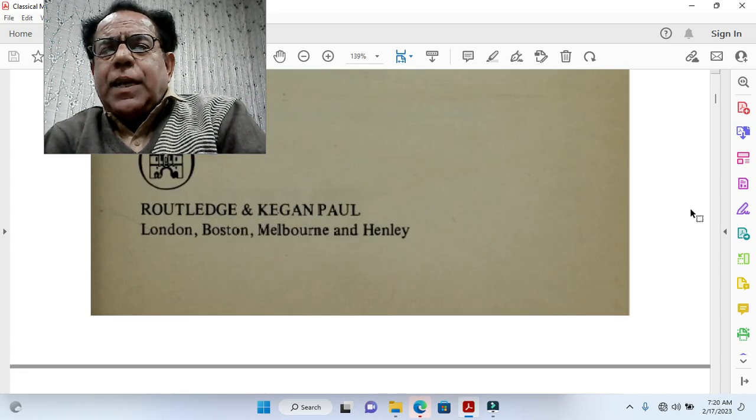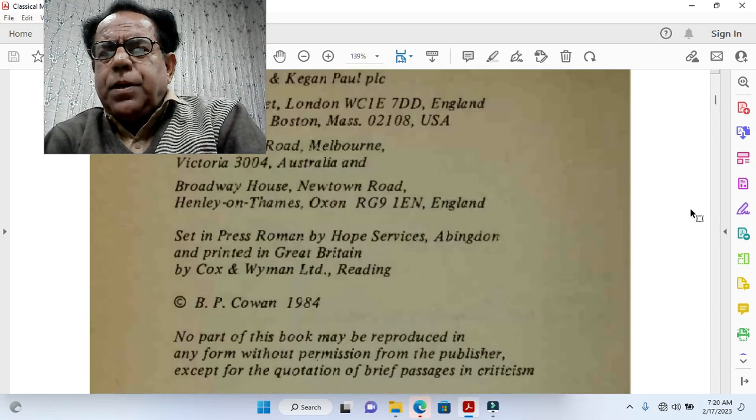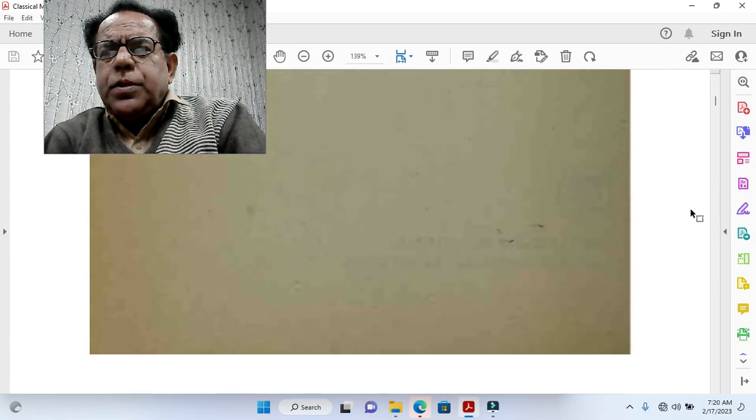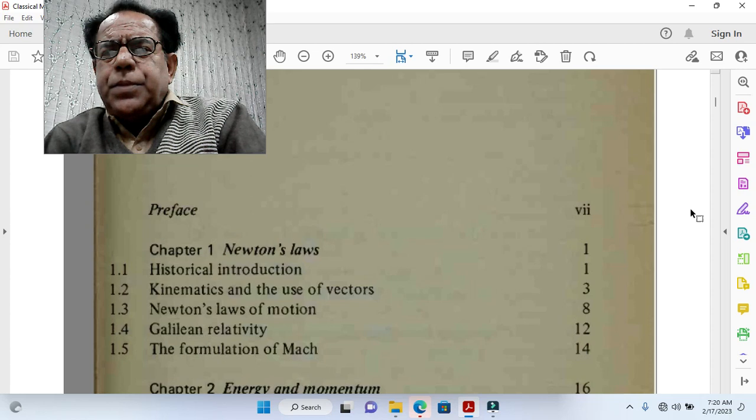Its publisher is also different: Routledge and Kegan Paul. Copyright 1984. Definitely very old printing technology.